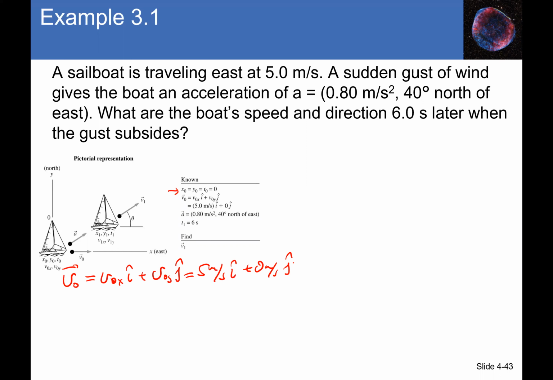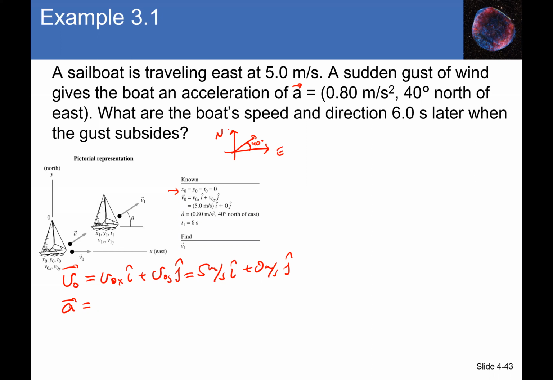But then there's acceleration. Here's the acceleration as a vector, and it's 0.8 meters per second squared, 40 degrees north of east. This is basically a two-dimensional acceleration vector, with magnitude 0.8 meters per second squared at 40 degrees north of east. If I plot this acceleration, it's 40 degrees north of east.